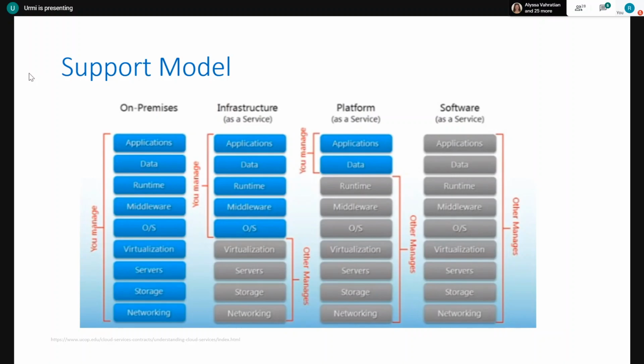So even in hybrid models, the support structures are slightly varying depending on the type of architecture that comes into play.